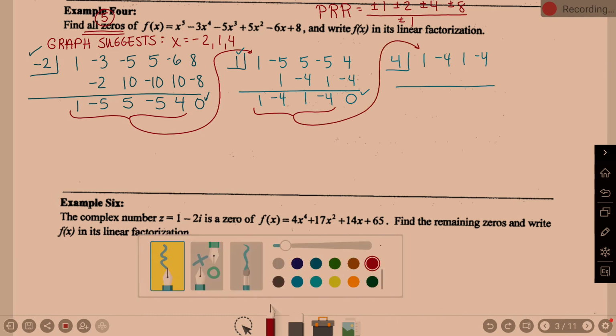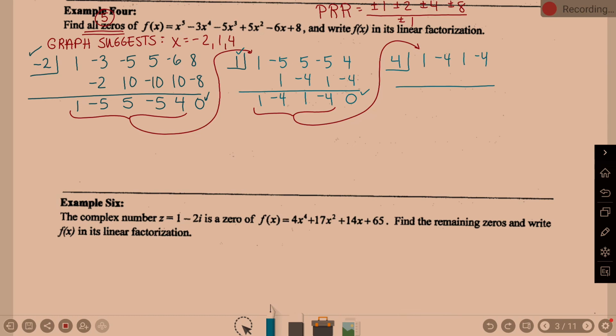And you know how to synthetic divide. Drop the 1, multiply, add 0, multiply 0, add 1 plus 0 is 1, multiply, remainder of 0. Okay.